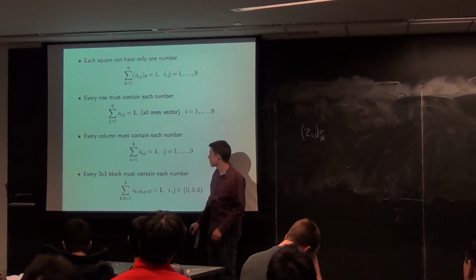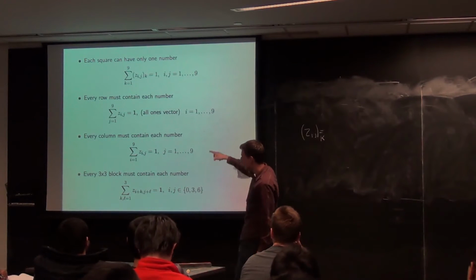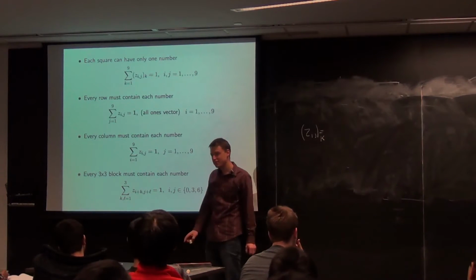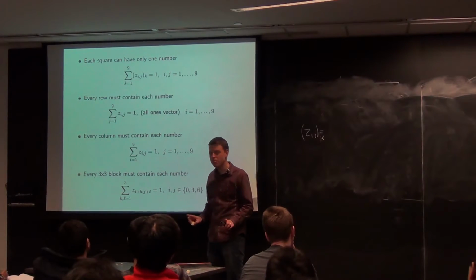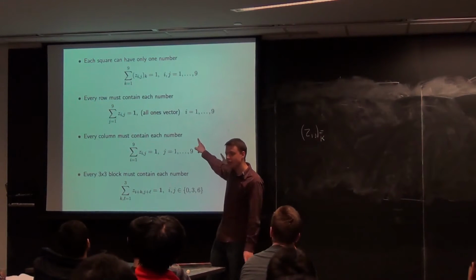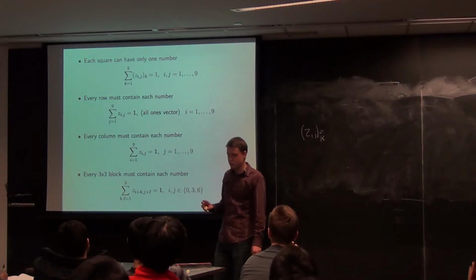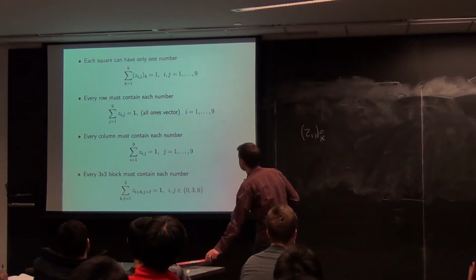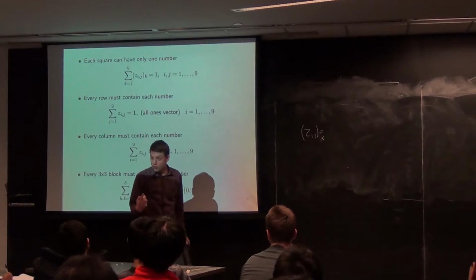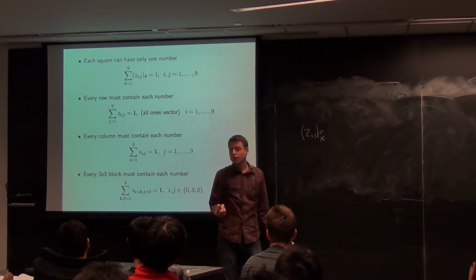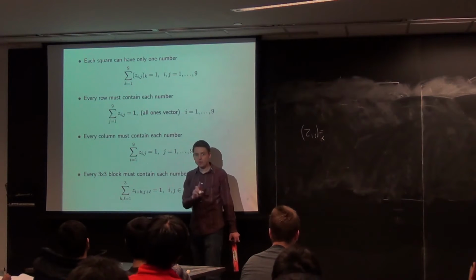OK. Now, let's talk about the constraints. This is the set of all constraints that, assuming z is binary, makes this a valid Sudoku assignment. So I can go through them each in and of themselves. The first one says these have to be 0 or 1 valued, and each square can only have one number.